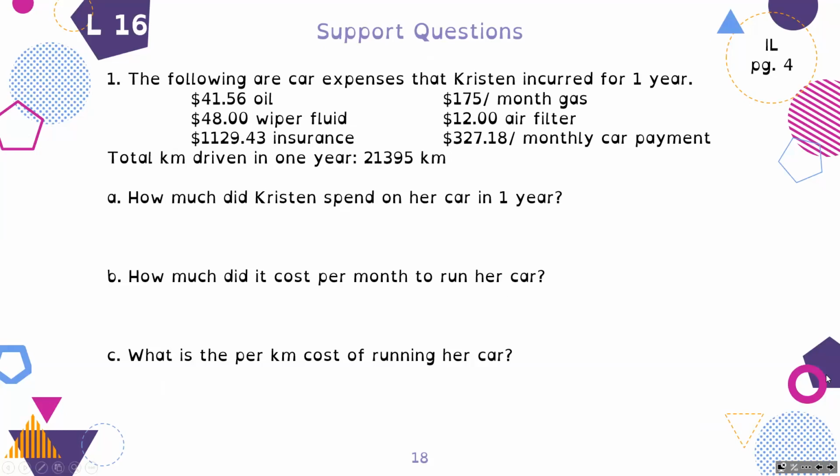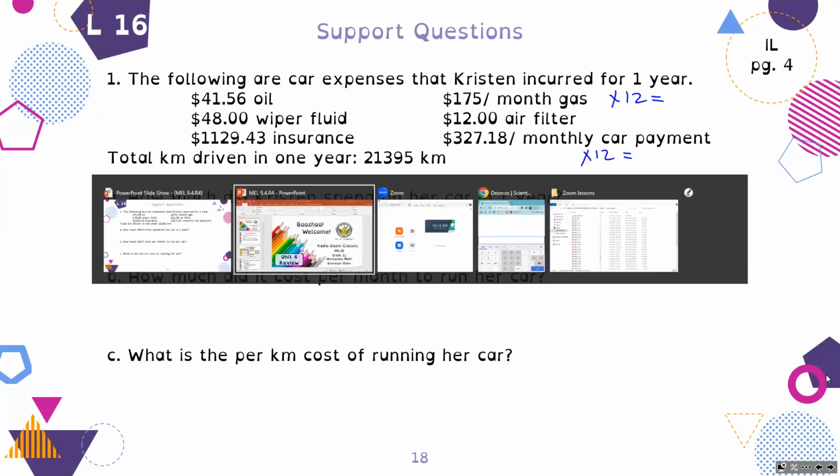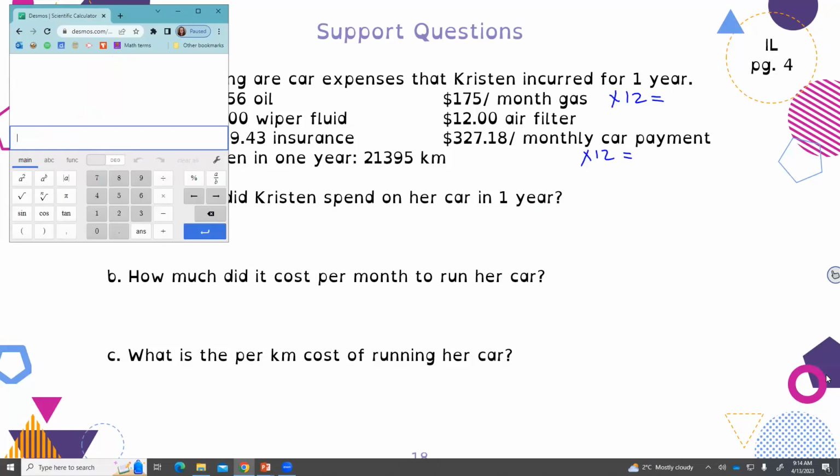So most of these listed are per year, but the monthly gas and the monthly car payment are not. So these ones we need to times by 12 in order to get the whole amount. You just need to be paying attention to that when you are doing these sorts of questions, that you need to recognize if there are some things, you want everything to be in the same unit, like per year.